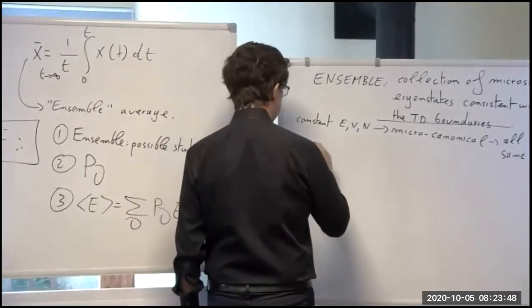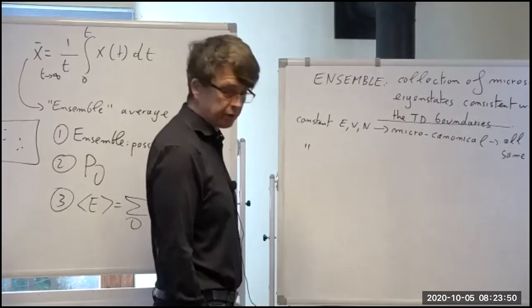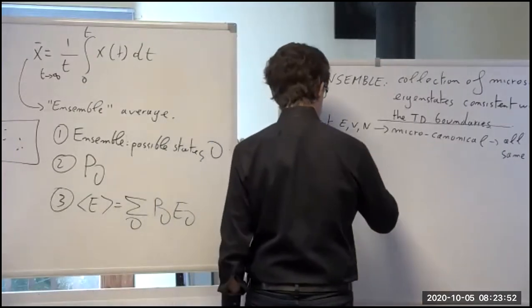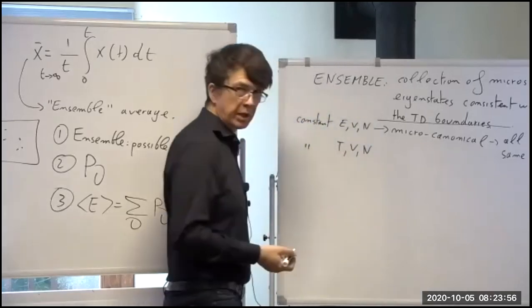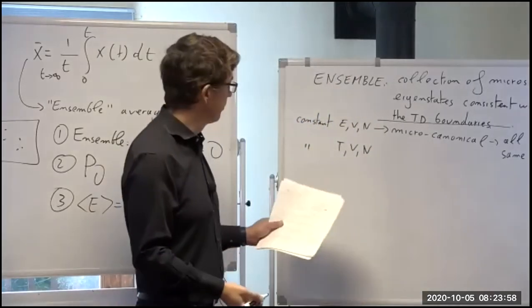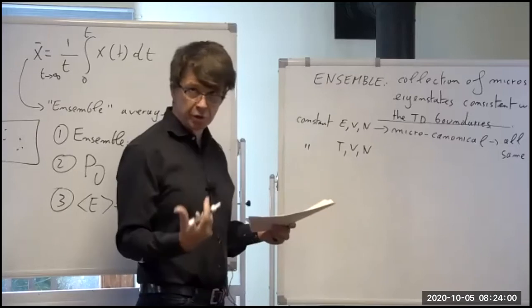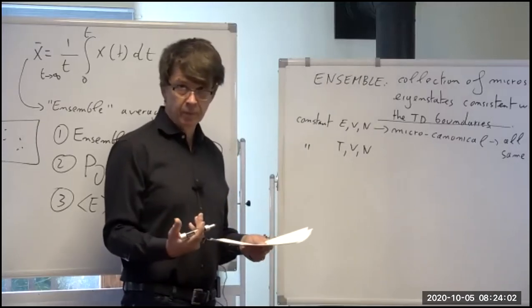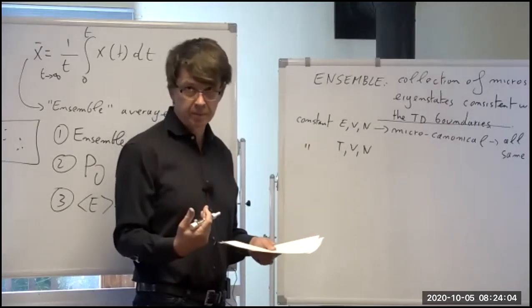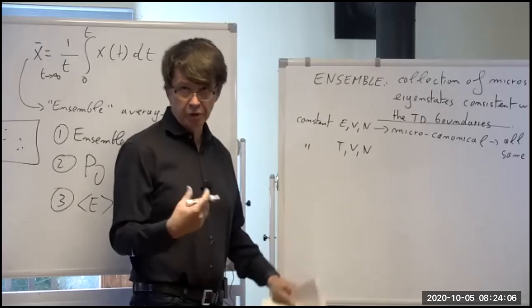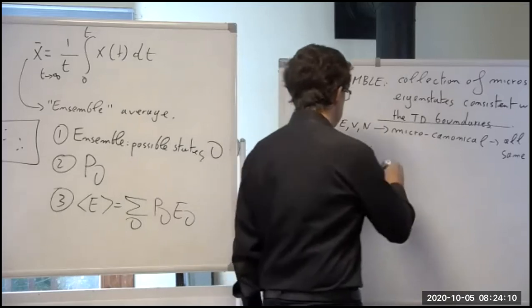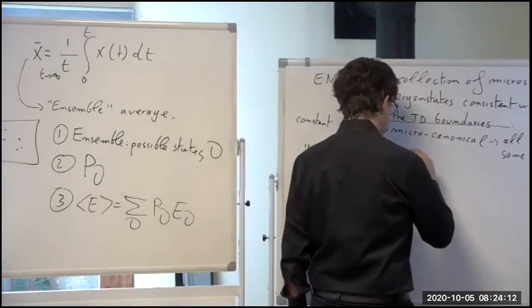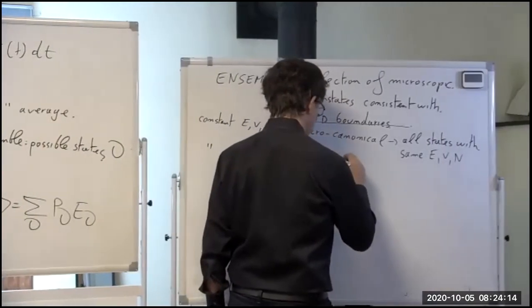If on the other hand you do thermodynamic boundary conditions, applied boundary conditions, say T, V, N, so in classical thermodynamics you would do a Legendre transform. So when you're in a temperature environment, you can now exchange energy. So constant energy is not a boundary condition. This is called the canonical ensemble.